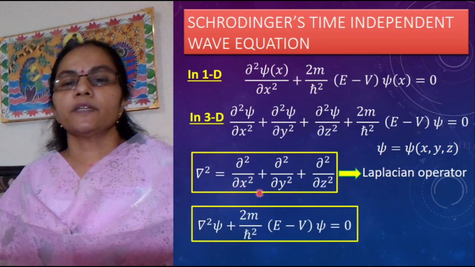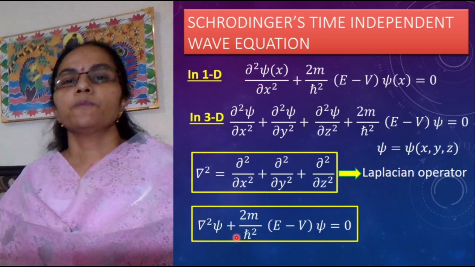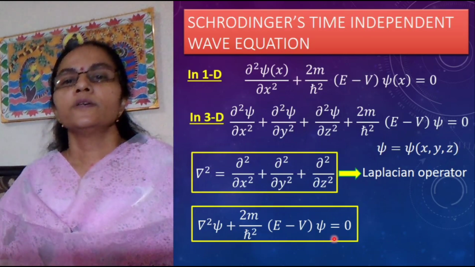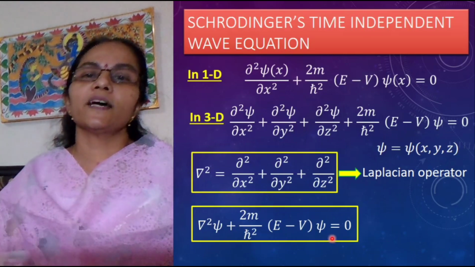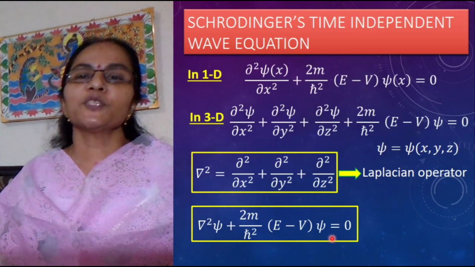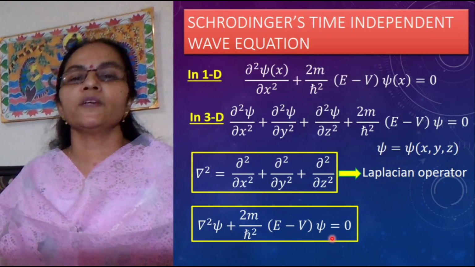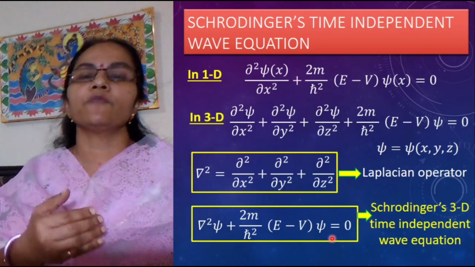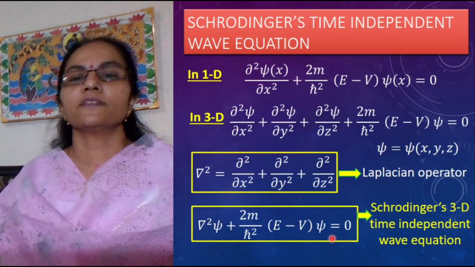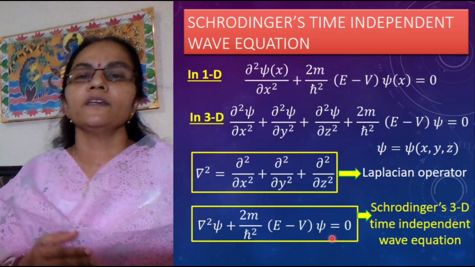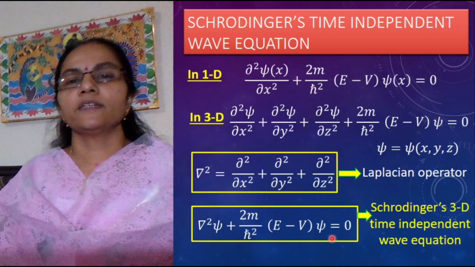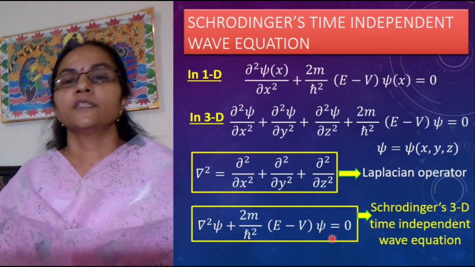So this can be written as delta square psi plus 2m by h bar square E minus V psi is equal to 0, and this is our 3-dimensional Schrodinger's time independent wave equation, which is just a 2-step extension from the 1-dimensional one. You don't have to derive anything, you just have to put this and you can obtain the 3-dimensional equation.